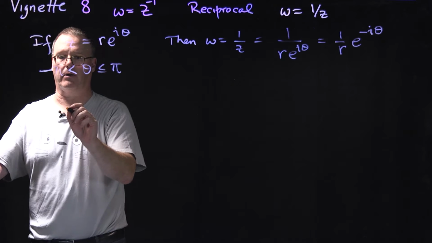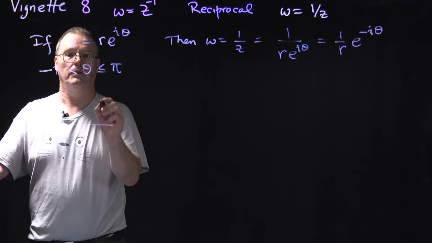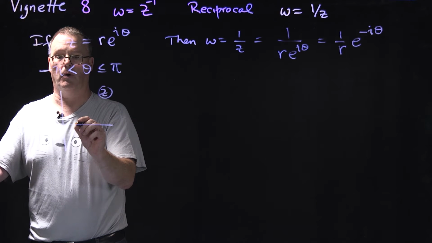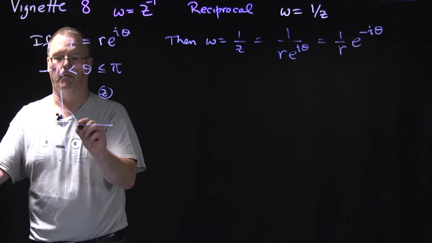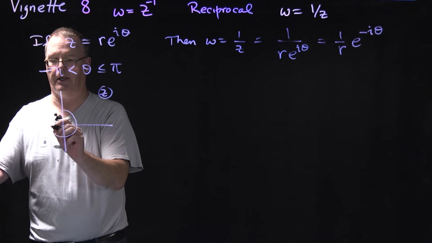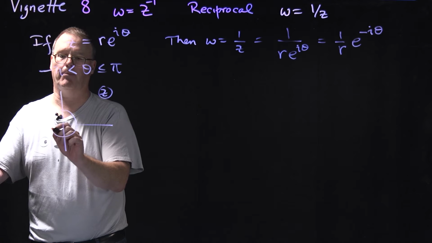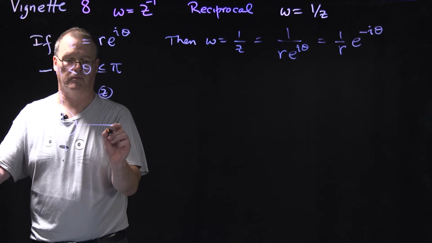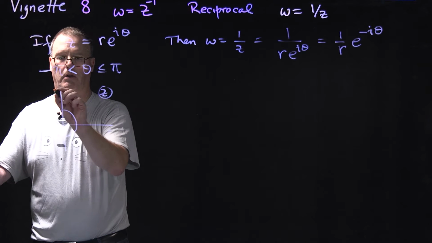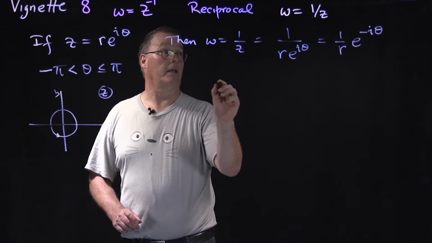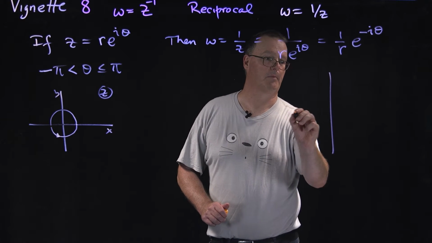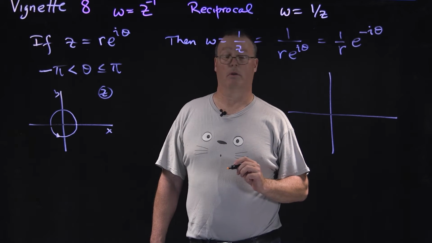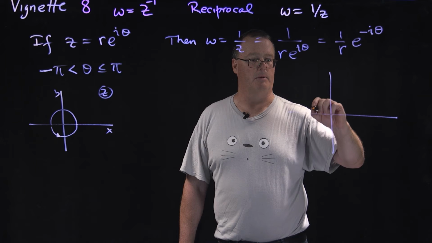But let's just draw a quick graph. In the z plane, if we have a circle of radius 1, we start here, really, there's a little gap there, and we go this direction all the way around. Then in the w plane, the radius is 1 again, because 1 over 1 is 1.